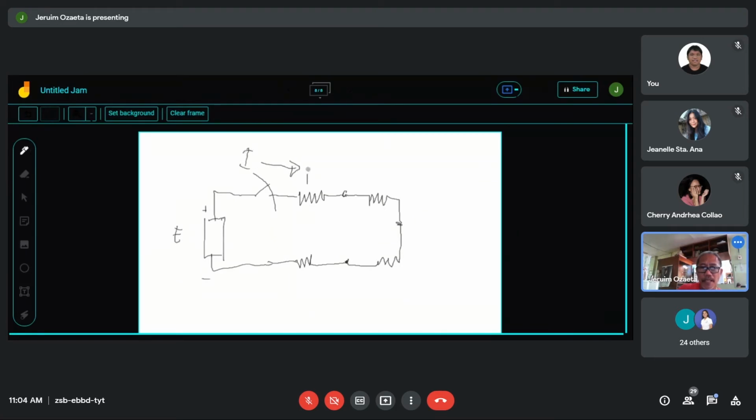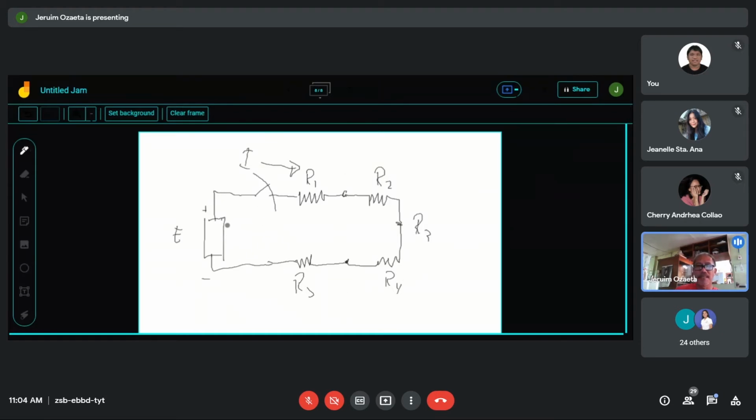So let's say this is R sub 1, resistor 1, this is resistor 2, resistor 3, resistor 4, resistor 5. What happens? Whatever current flows in resistor 1 will be the same current in resistor 2, all through the same current that flows from R1 to R2.